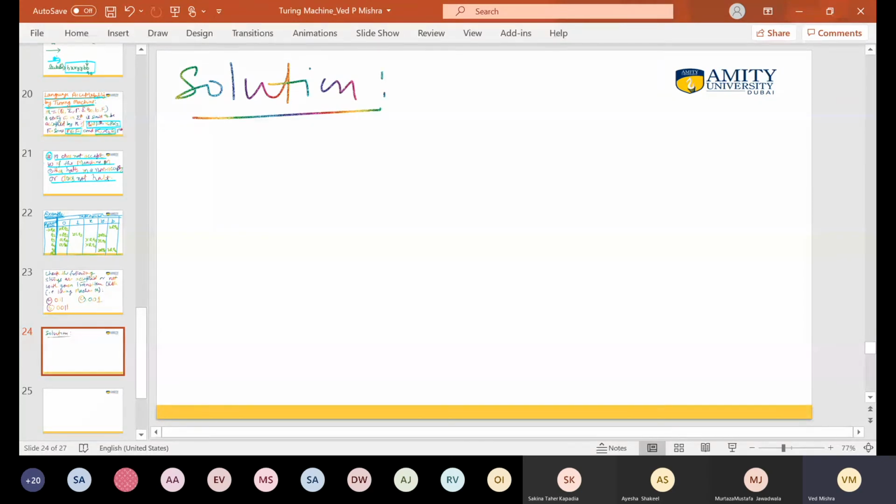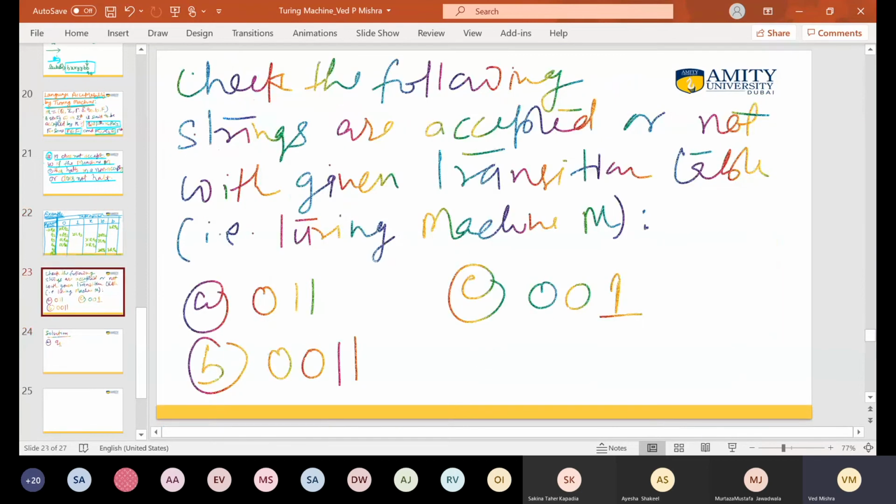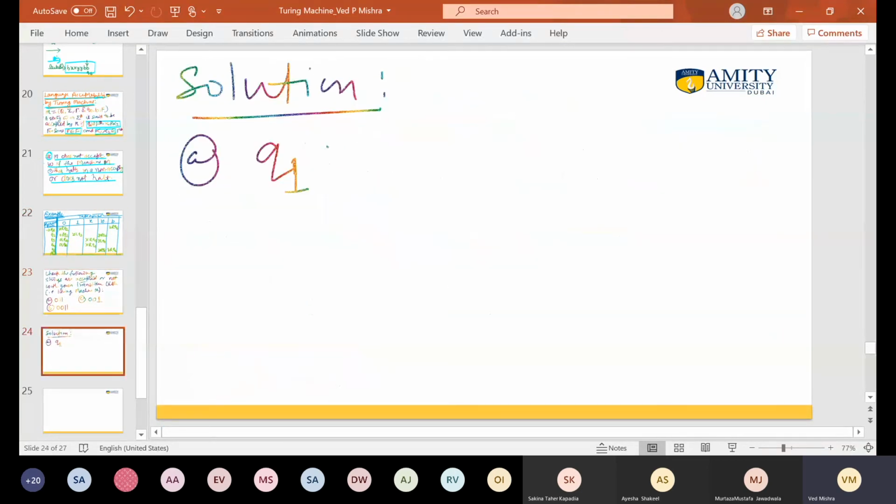I will do just one question and the others you can do. So let's do part A. Your first state is Q1, so you will start with Q1, and the string is 0, 1, 1.